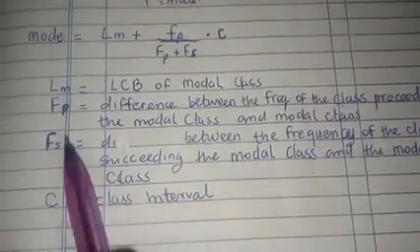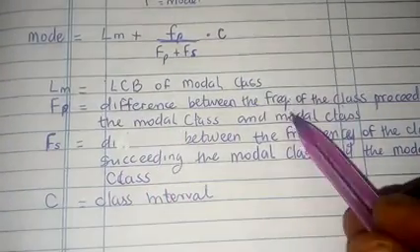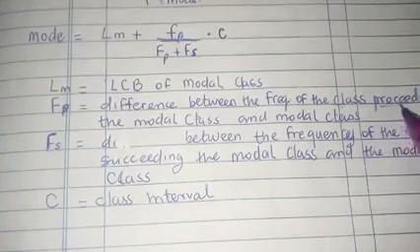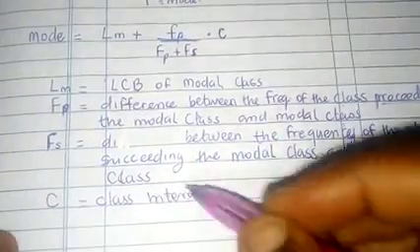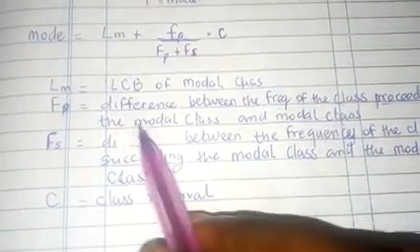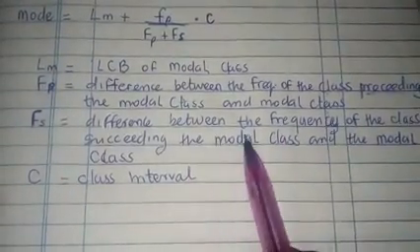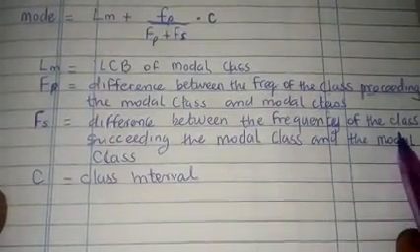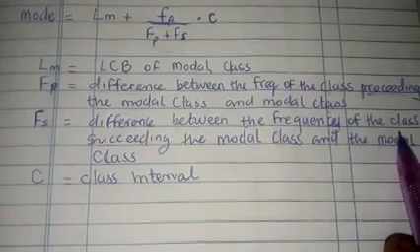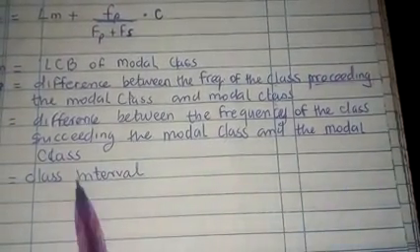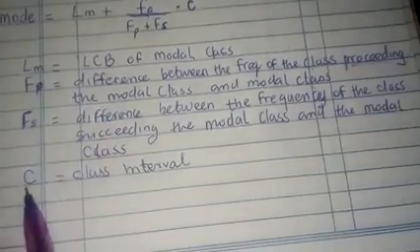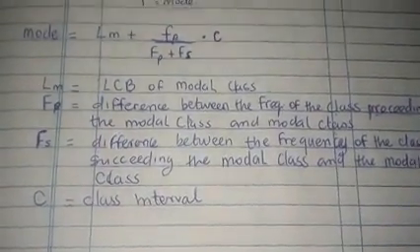FP is the difference between the frequency of the modal class and the class preceding it. FS is the difference between the frequency of the modal class and the class succeeding it. C represents the class interval.